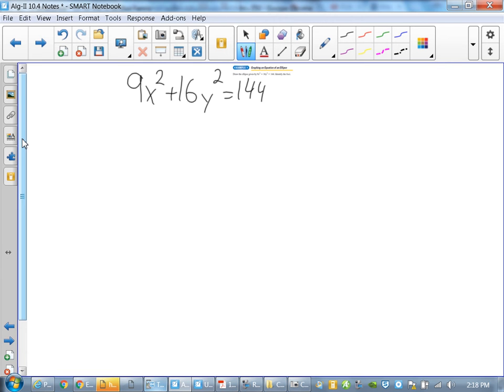So I need to figure out a way to make 144 equal 1, and I'll give you a hint. It's not by subtracting 143. Very good. You divide everything by 144.